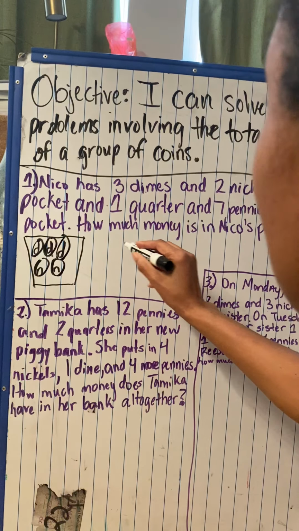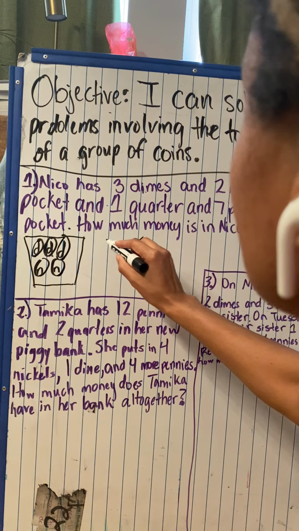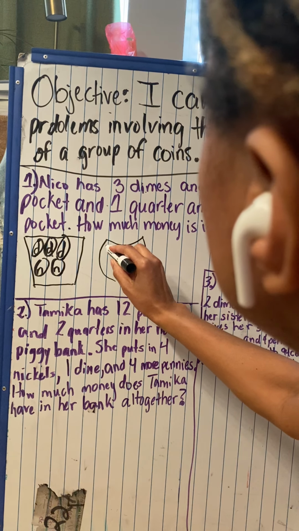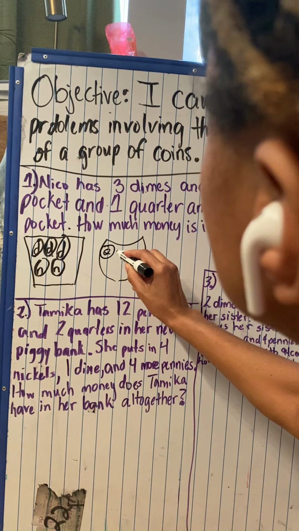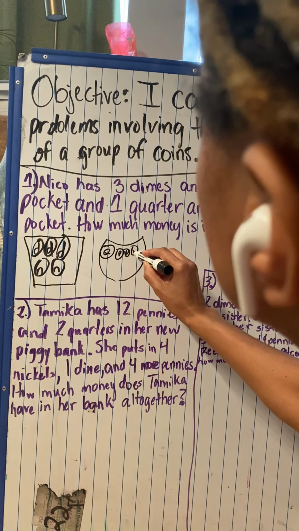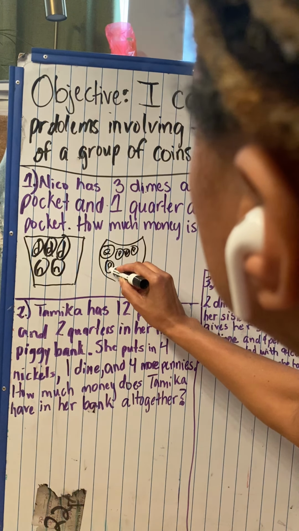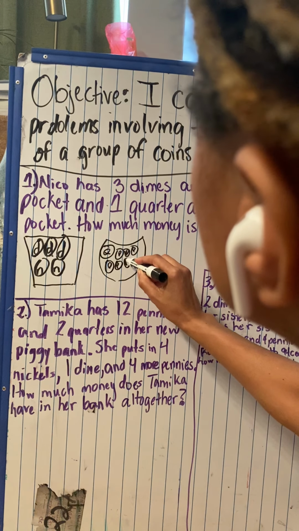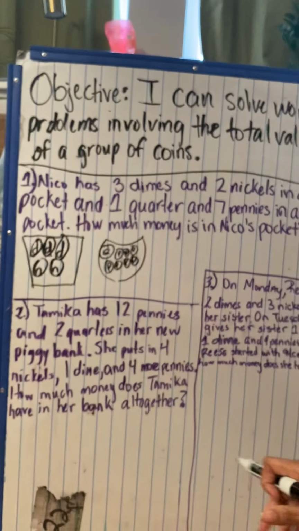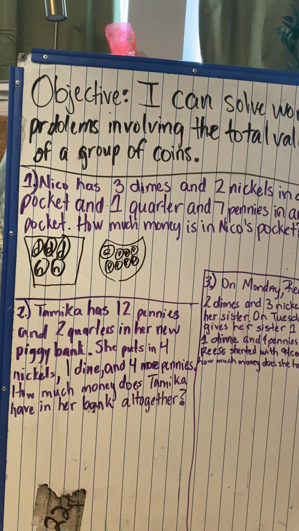And in his other pocket, it has 1 quarter, 7 pennies. 1, 2, 3, 4, 5, 6, 7. Okay? So we have our drawing.